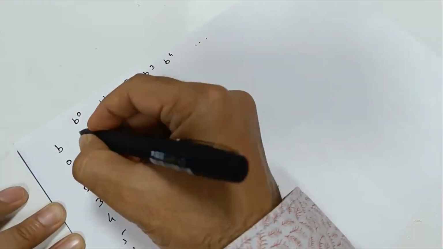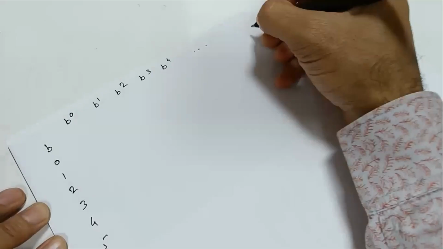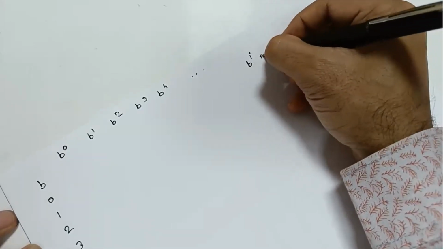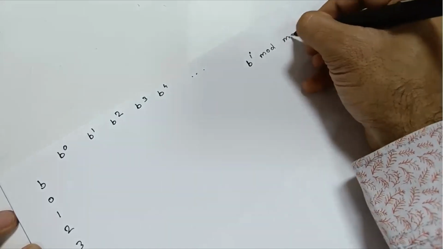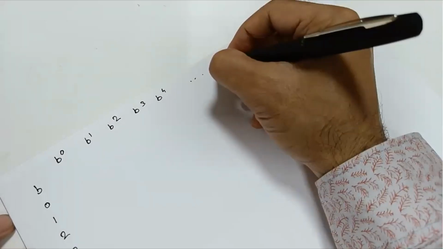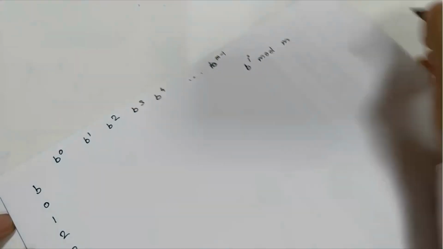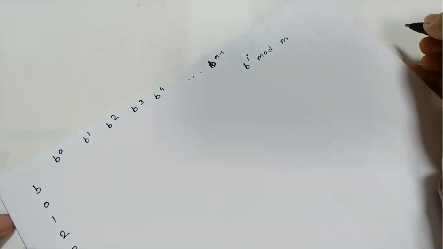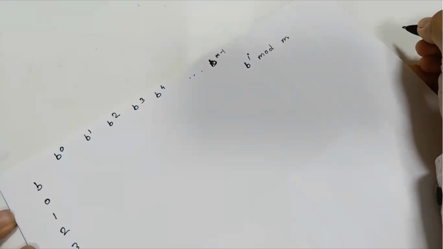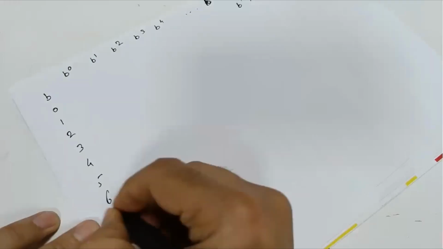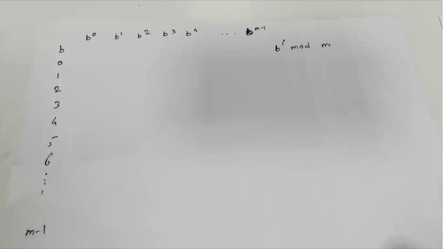In the cell value, we write b raised to i mod m. So we have to calculate this kind of table.